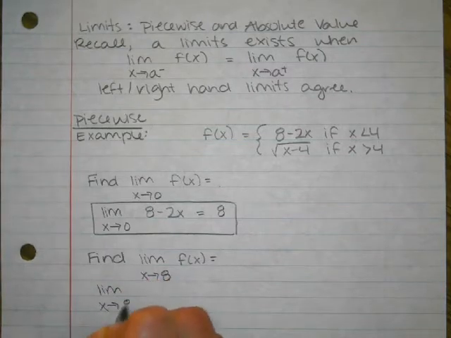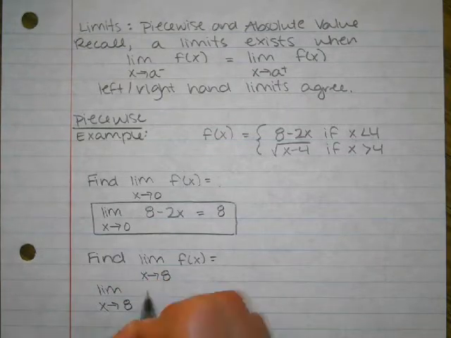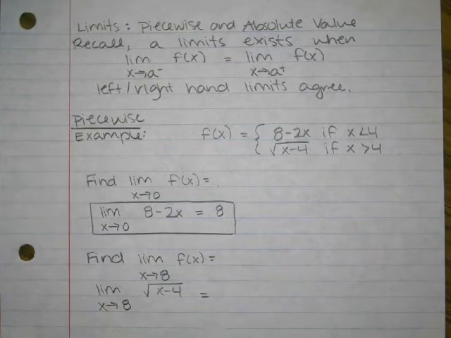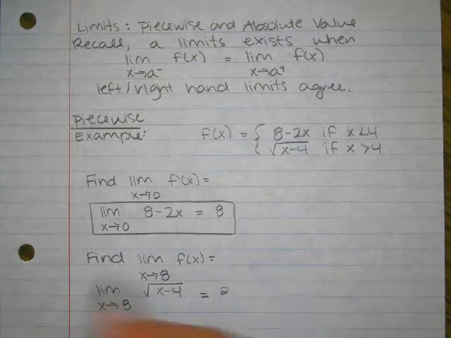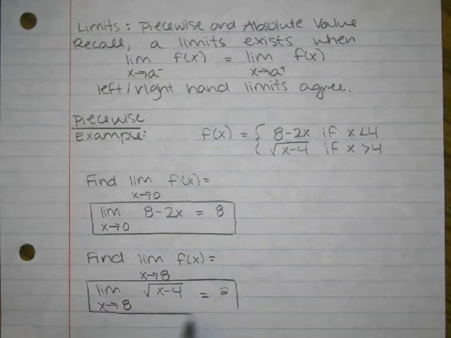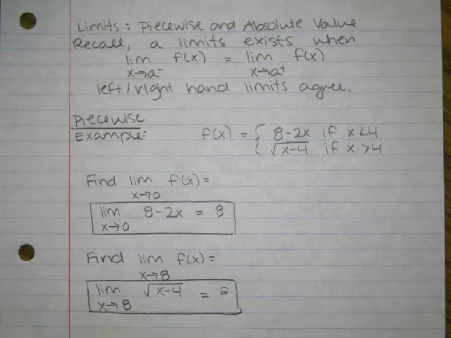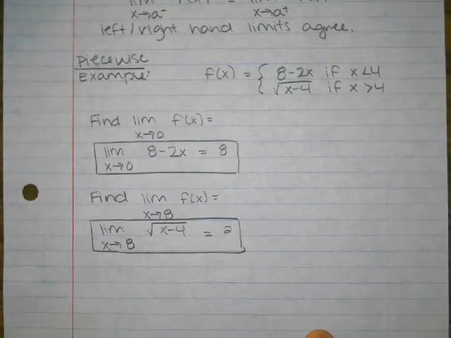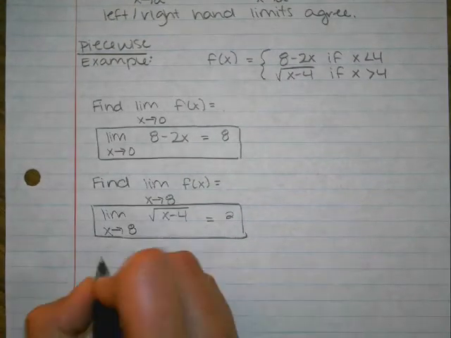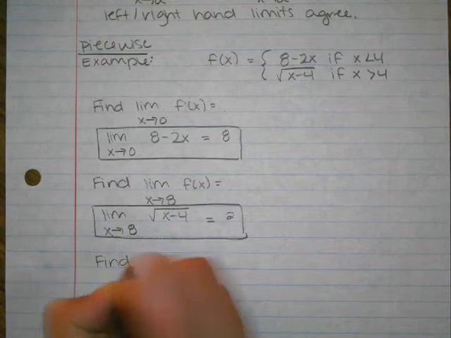So the limit as x approaches 8 of the second piece of the piecewise function, you have the square root of 8 minus 4, which is just the square root of 4, and so that's 2. So anytime the number you're finding the limit of is within the domain, you can just use direct substitution, and it's pretty easy. Next, we'll look at one that's a little bit more exciting.